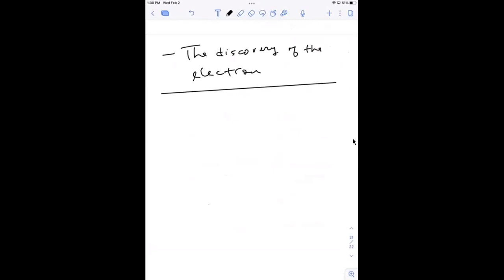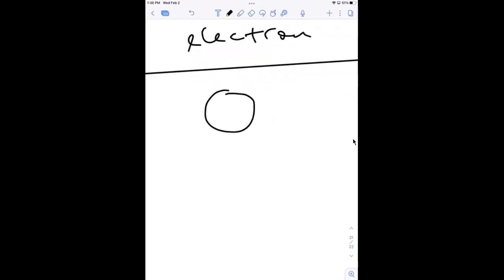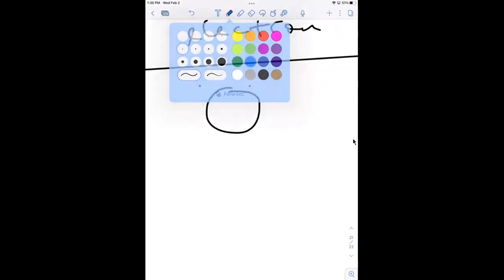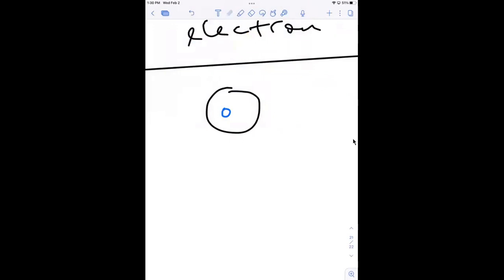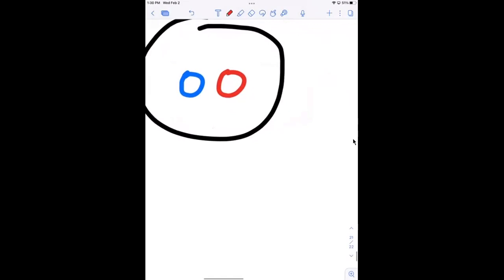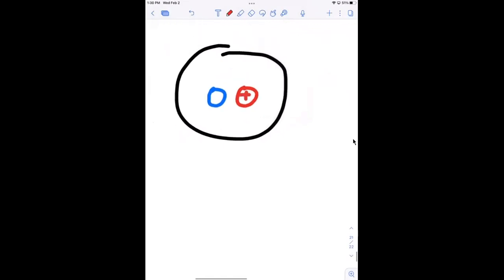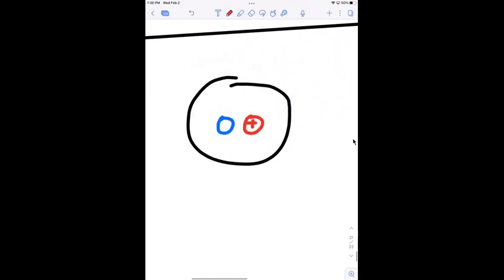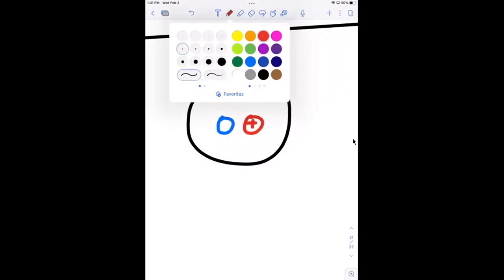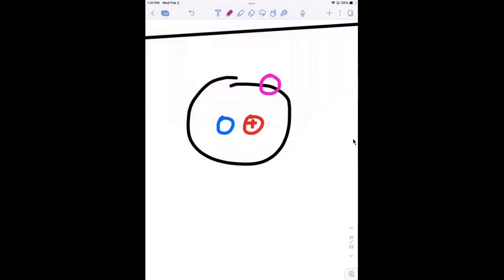All right, so when we talk about the atom itself, this is our model. And I'm going to talk about some other models that were proposed, but this is our model where you have a nucleus made up of protons that have a positive charge, neutrons that have a 0 charge, and then electrons that are orbiting the nucleus that have a negative charge.